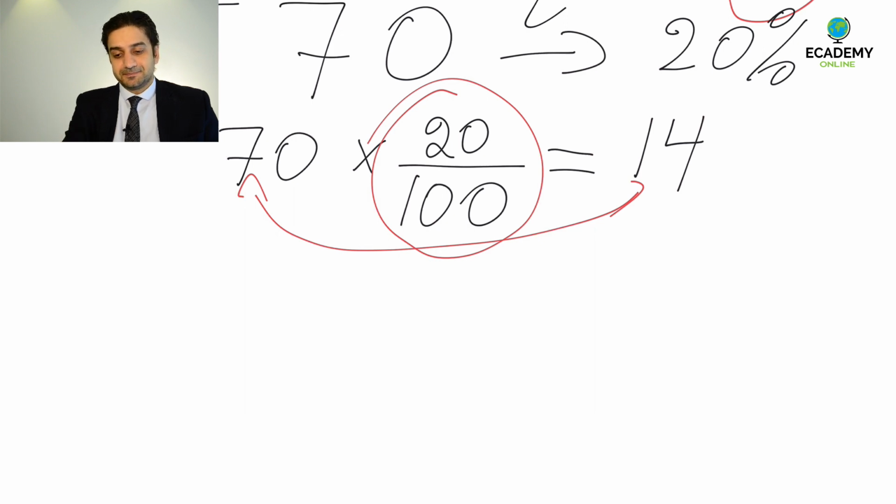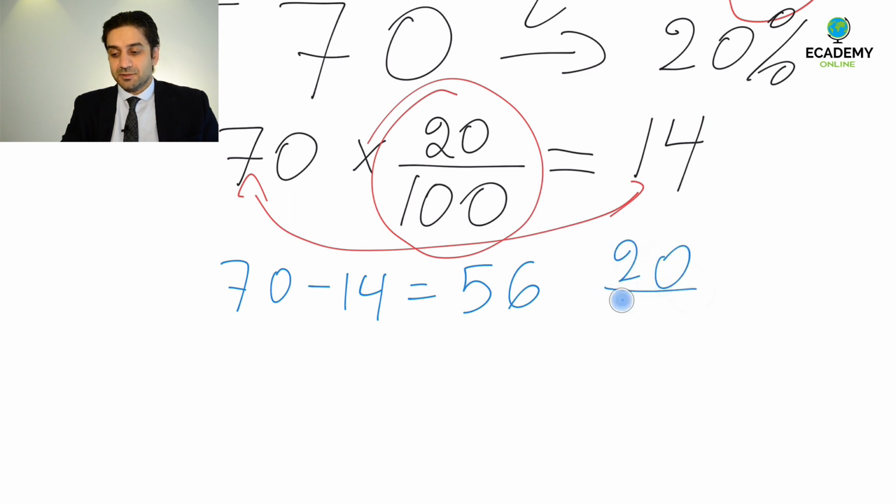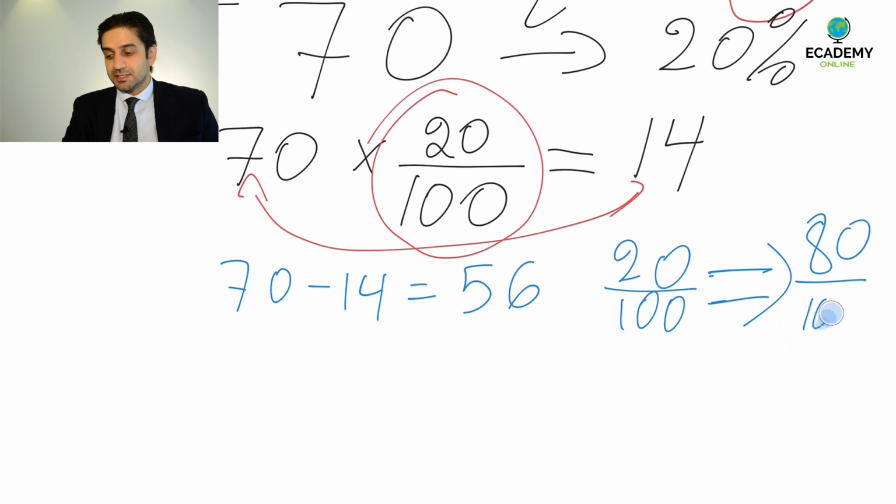We can do 70 minus 14, which is 56 apples remaining, or I can do 20 over 100, which is a fraction, taken away from 100 over 100, so I'm left with 80 over 100 in this case.